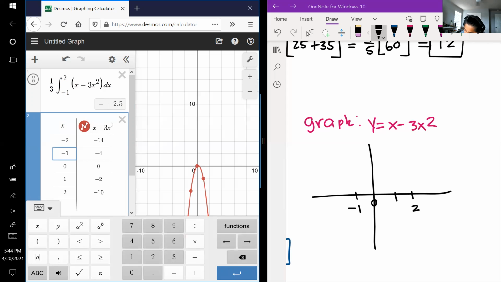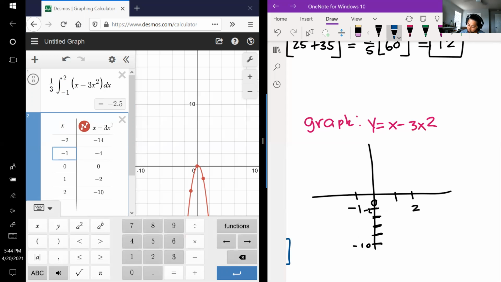So that means down here, I'll say that this is -4. So this would be -2, -4, -6, -8, -10. There's -10. There's -2. And let's plot it.